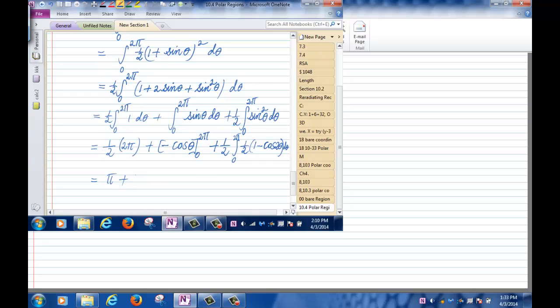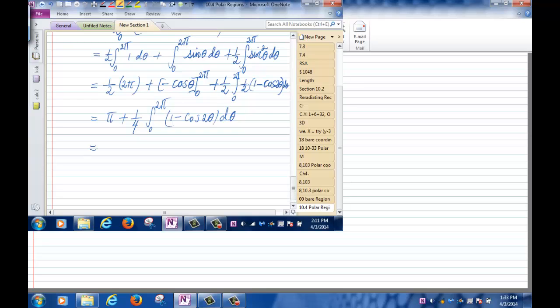And the third term, I get a quarter integral from 0 to 2 pi of 1 minus cosine 2 theta, and what am I getting there? It's theta minus what? What's the antiderivative of cosine 2 theta? Was that half times sine 2 theta, right?